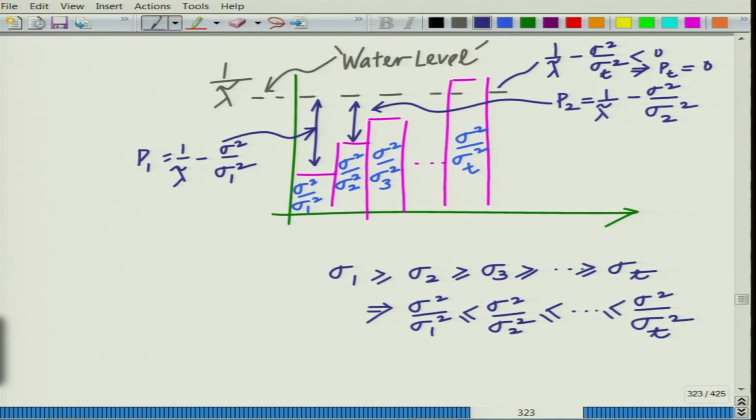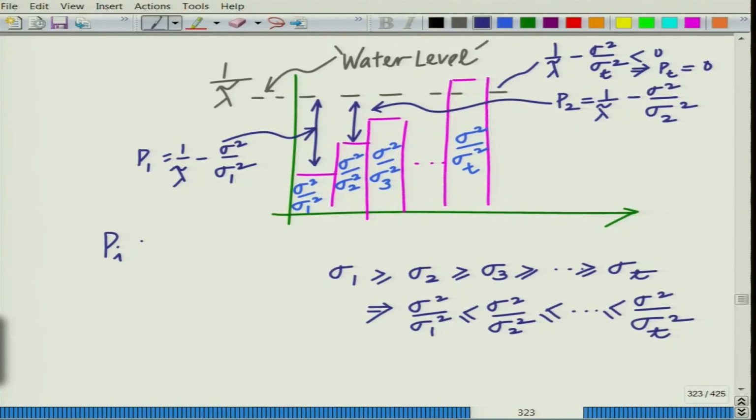So, power is allocated only if sigma square over sigma i square is less than 1 over lambda tilde. This is important. So, P_i is not equal to 0 only if sigma square over sigma i square is less than 1 over lambda tilde.